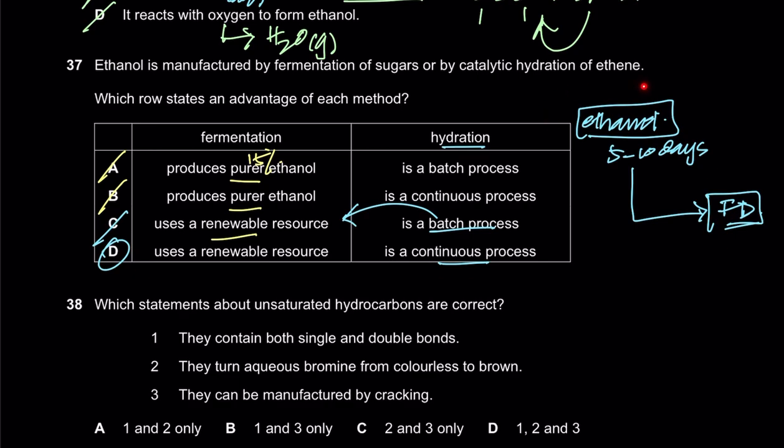So one batch is going to produce here, then it's going to go into the fractional distillation chamber. Let's suppose the fractional distillation chamber takes 15 days. If you're producing ethanol in 5 days, within 5 days it will go in there, and then for the next 5 days it will wait, because this will take 15 days. So it slows the process down, right?